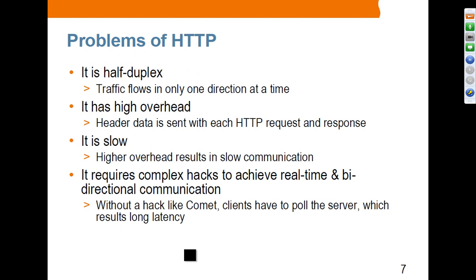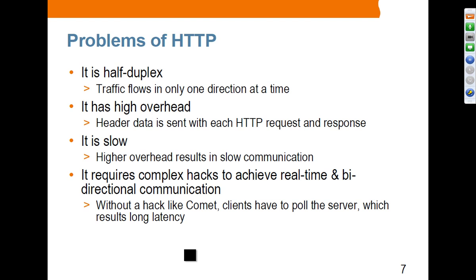Now, HTTP in its current form does not satisfy these requirements. First, it is half duplex, meaning traffic flows in only one direction at a time. So if traffic goes from the client to the server, then the server cannot send data to the client at the same time. So it is only half duplex. And it has high overhead. Header data is sent with each HTTP request.